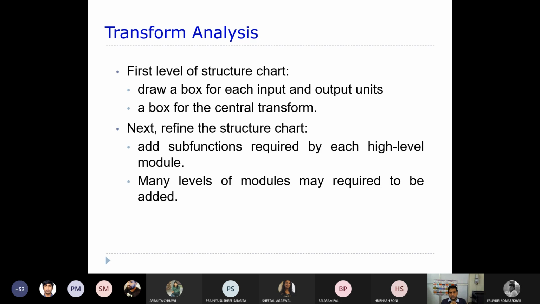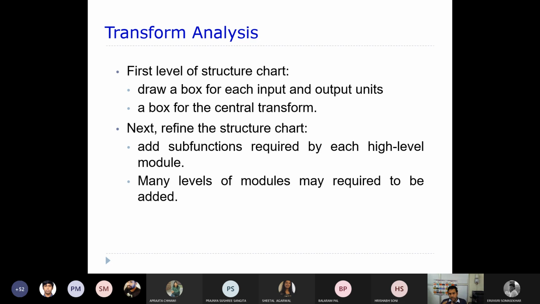And then you give a box for the central transforms also, right? So how are we going to transform this? Usually you start like this: you find certain input units, some output units, and the central transforms, and for each of them you draw a box, okay?